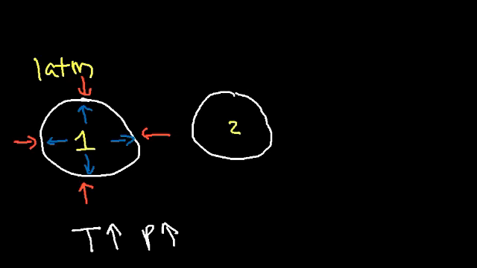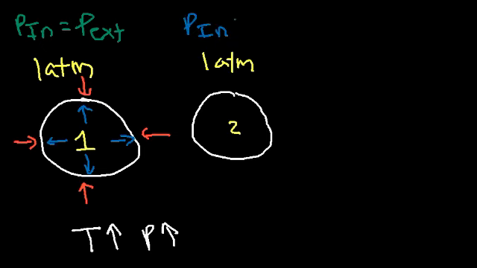Now what do you think is going to happen if the internal pressure is greater than the external pressure? In the beginning, the internal pressure was equal to the external pressure, and so the volume was constant. But here, the internal pressure is greater than the outside pressure. So what that means is that the internal forces are greater than the external forces.